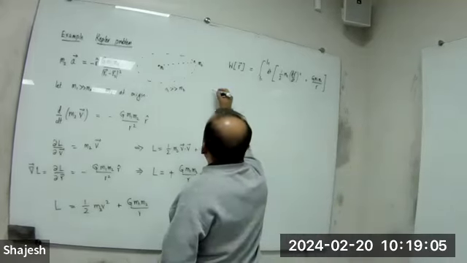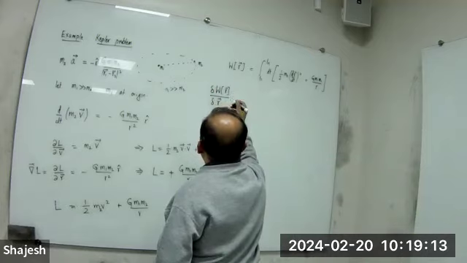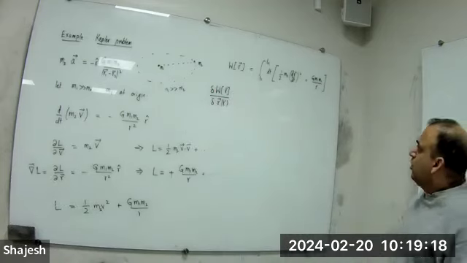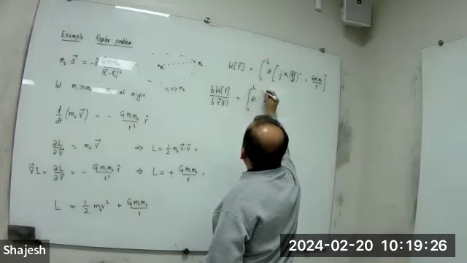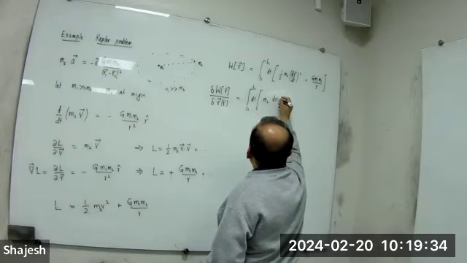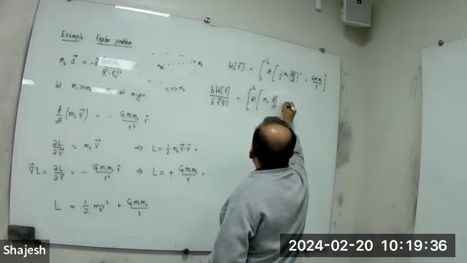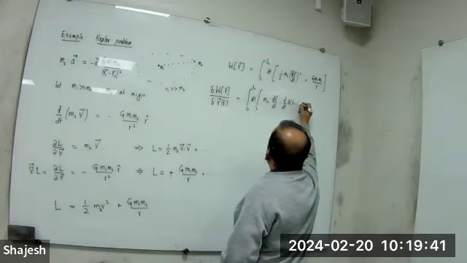So what is the variation of the action with respect to R as a function of, let's say, T prime? That is equal to the integral from T1 to T2, dt. I have the 2 going away, so that's 2 times dr by dt dotted with d by dt of delta of t minus t prime, right?